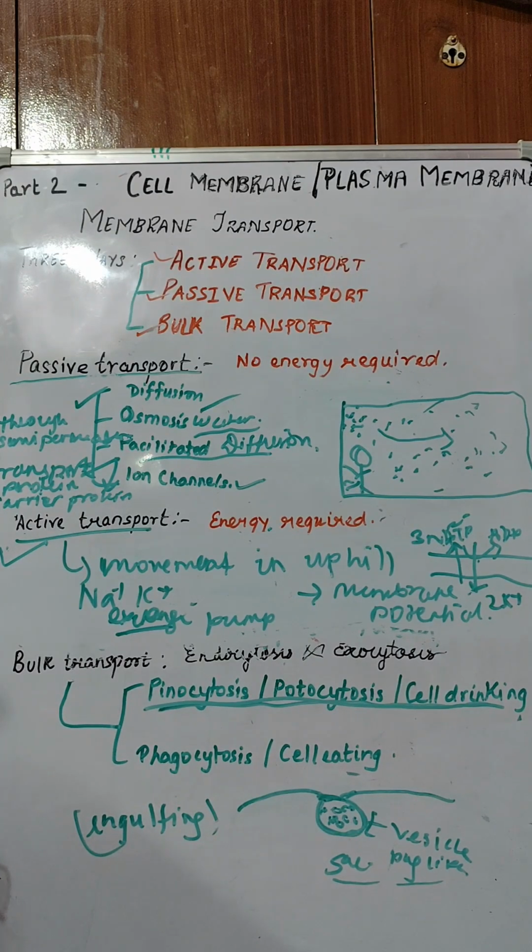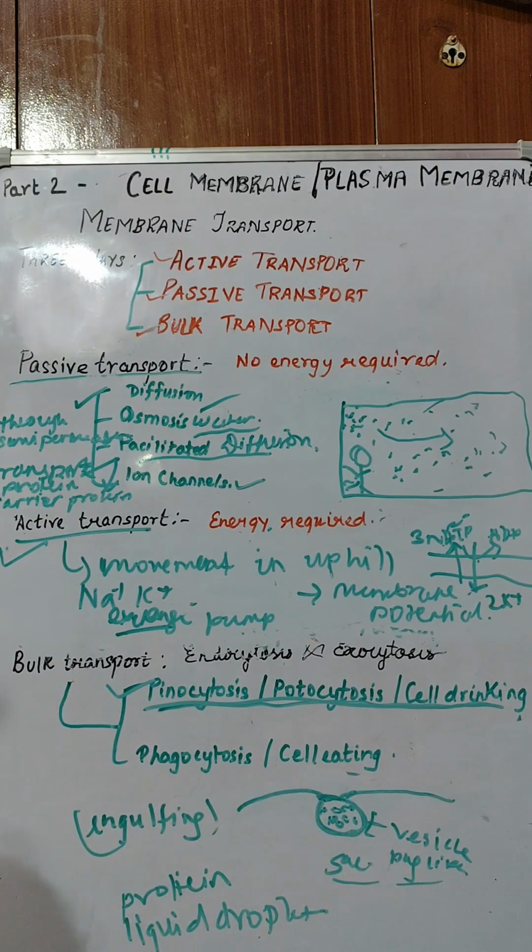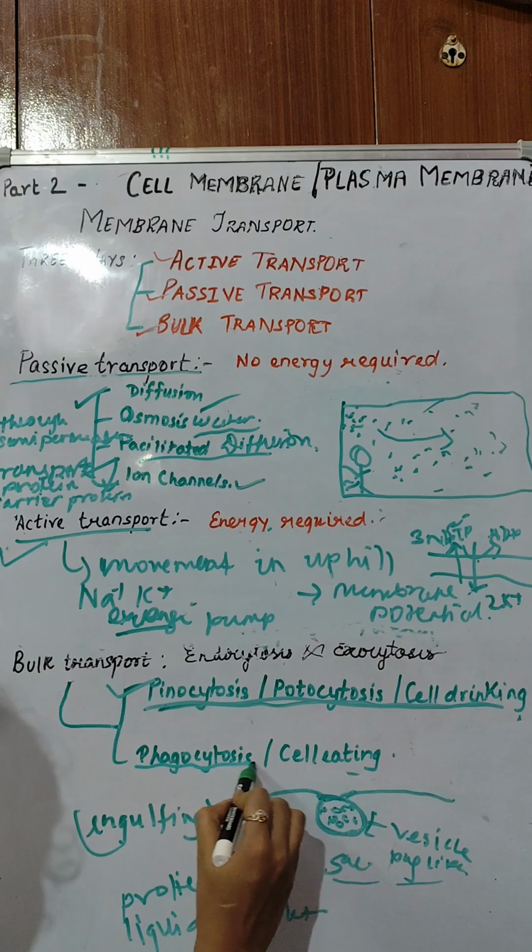These molecules can be protein or some kind of liquid droplet. If it is having some kind of liquid material, it is pinocytosis. If it is some kind of solid material, then it is phagocytosis.